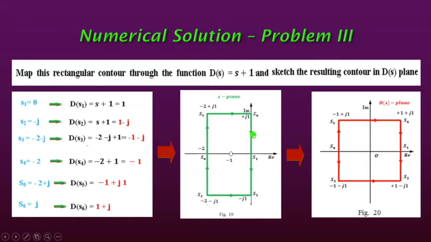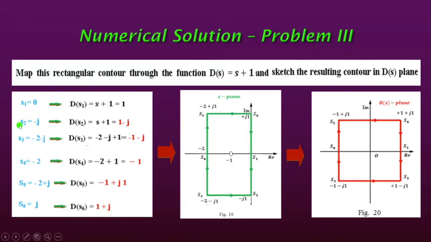Consider this rectangular contour in the clockwise direction. S equal to 0, put in D(s), then this result is 1. So S1 is mapped in the D(s) plane. This point is S1. This magnitude is 1.